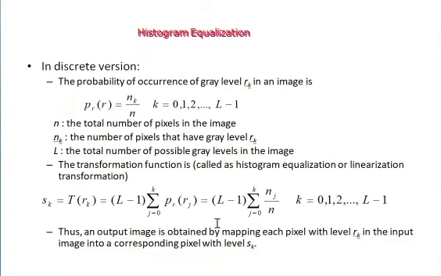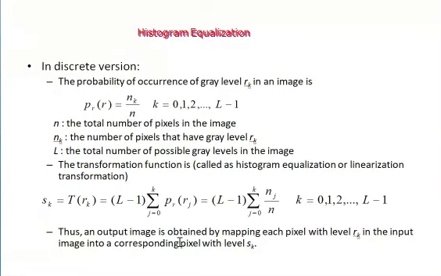PR of Rj is nothing but Nj by N; actually PR of Rk is Nk by N, but here I am using the J symbol, that's why Nj by N. So Sk, the modified or enhanced image S of x comma y, equals L minus 1 times the summation of Nj by N, where J goes from 0 to K, and K is 0 to L minus 1. This is the formula; we should remember it. Based on this formula, you should equalize the histogram.